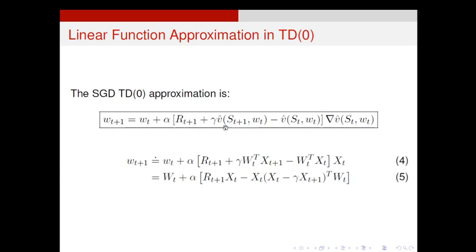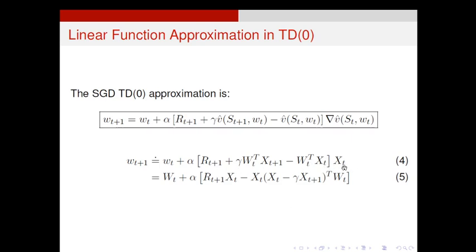V cap of St plus 1 comma Wt can be replaced by W transpose X, so Wt transpose Xt plus 1. Why do we use Xt plus 1? Here the next state value of X is used, minus V cap of St comma Wt. Instead of that, we use Wt transpose Xt, and the gradient of Wt transpose Xt gives Xt.